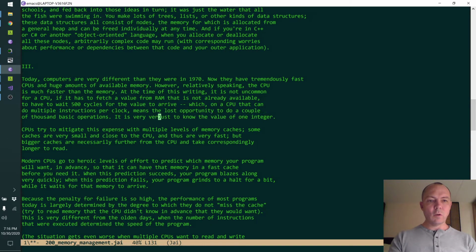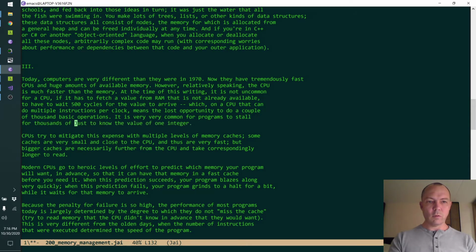It is very, very common for programs to stall for thousands of operations, just to read the value of one integer from memory, let's say.